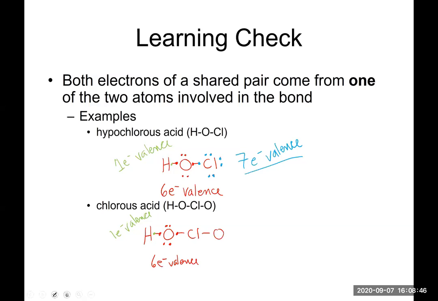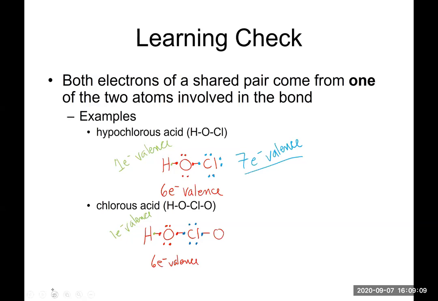Let's look at the chlorine. So the chlorine has 1 electron here, 2, 3, 4, 5, 6. Well, that's odd because chlorine has a valence of 7. So that doesn't entirely make sense.